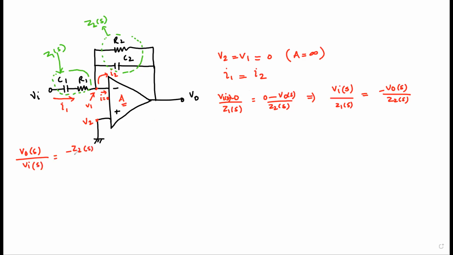Vo over Vi equals minus Z2 of S divided by Z1 of S. So that's how it looks.